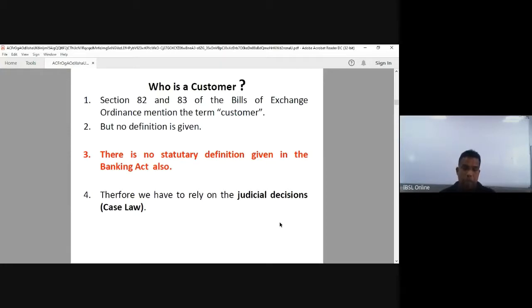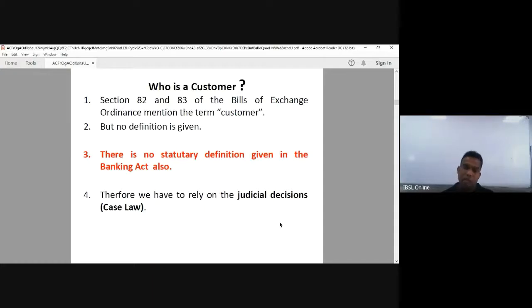Sections 82 and 83 of the Bills of Exchange Ordinance, remember, Ordinance number 25 of 1927, mention the word customer. It's only a mention, no definition.